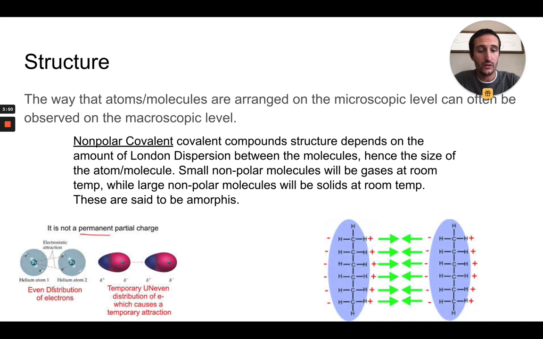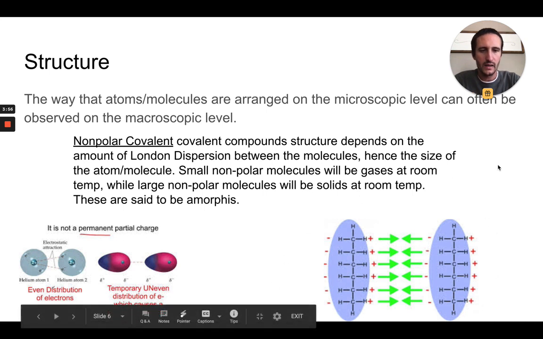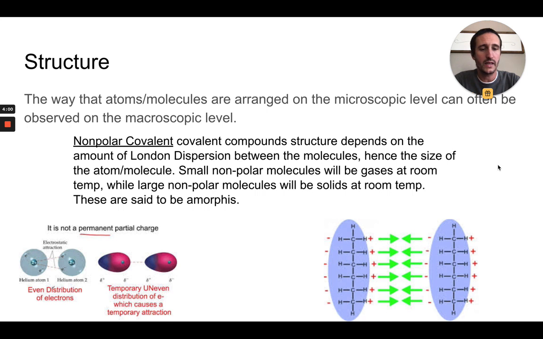If we get to larger alkanes, something like over here, this is hexane, and there are many atoms there and hence many electrons, and those electrons are polarizable, which means that the electron cloud can be pushed and pulled around to make those temporary dipoles that attract one another.